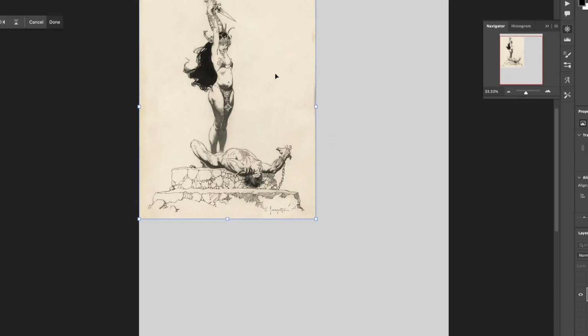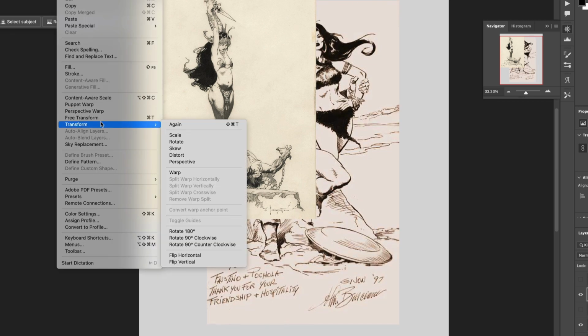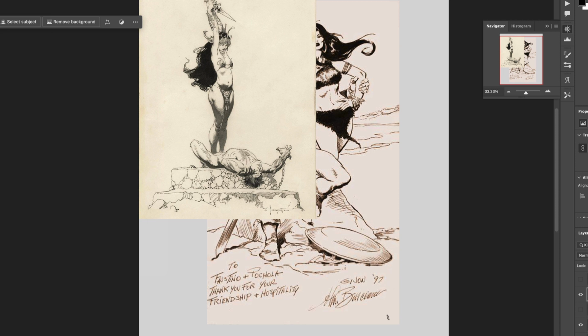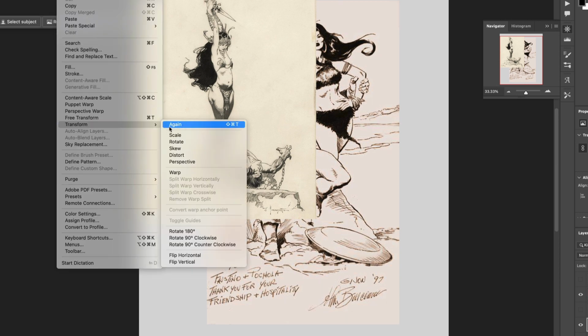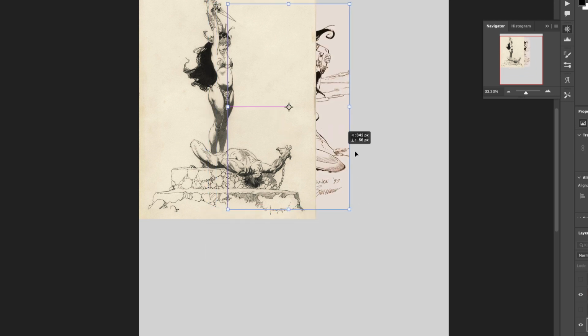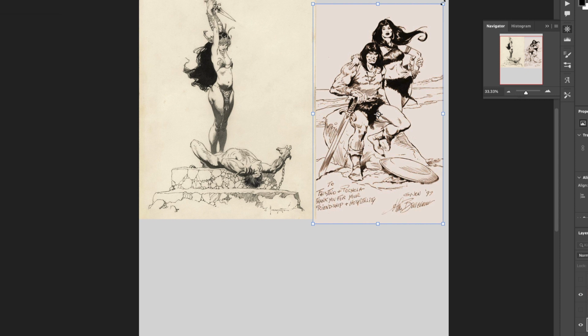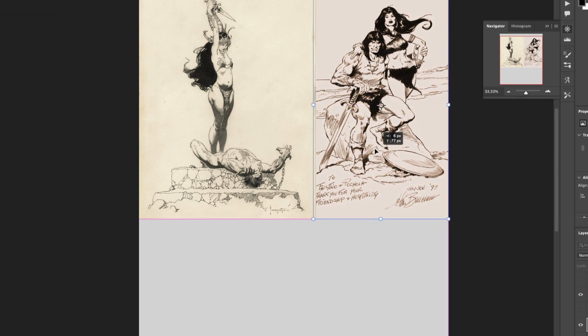I think he needs no introduction because I've spoken about him so many times. Sorry, let me put this down here. And here I have John Buscema, a contemporary of Frank Frazetta.